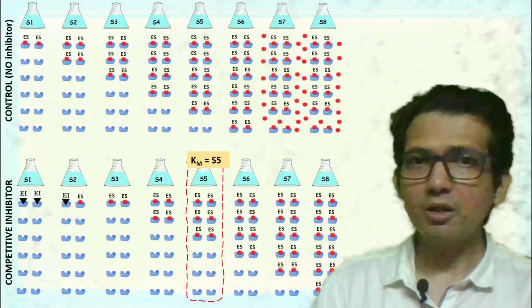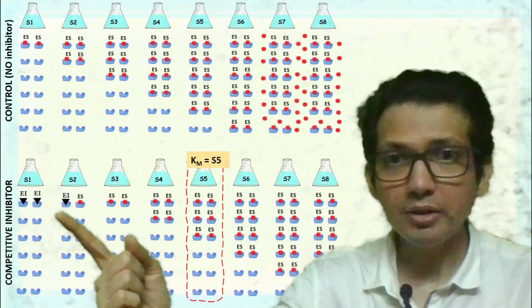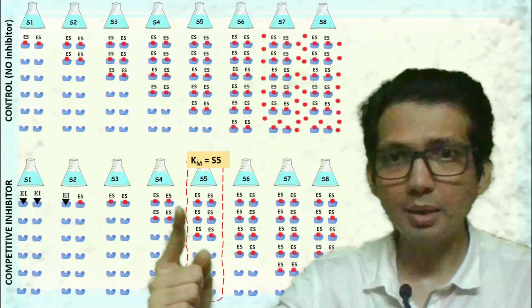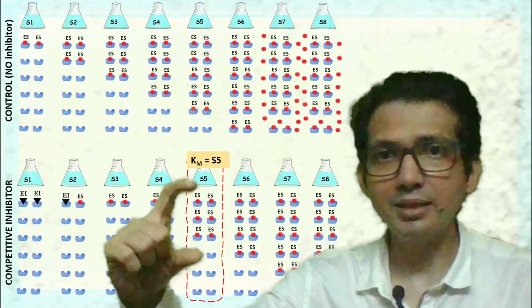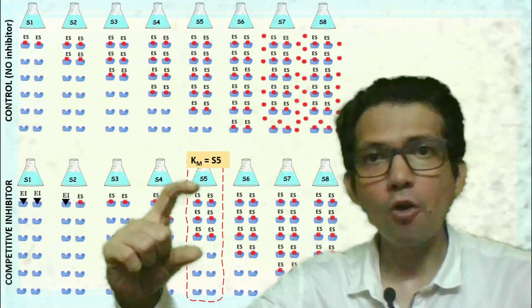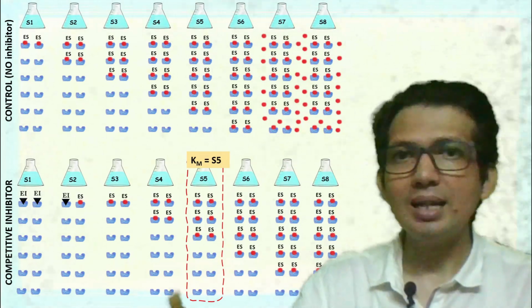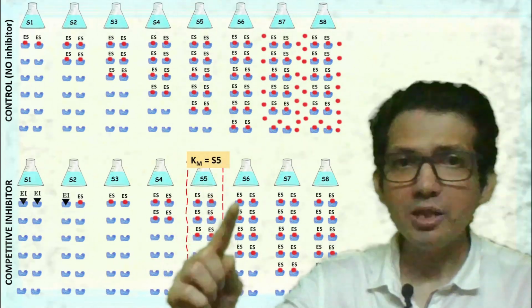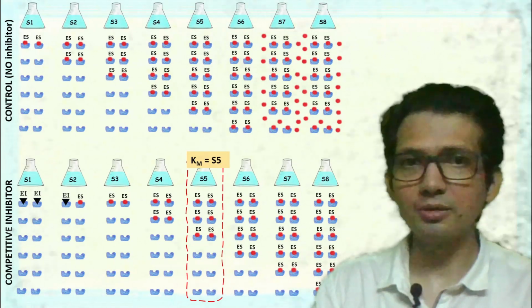If you see this figure carefully, then because of competition, we require more amount of substrate to saturate 50% of the enzyme molecules to form ES complex. So in other words, the Km value increases in presence of competitive inhibitor.